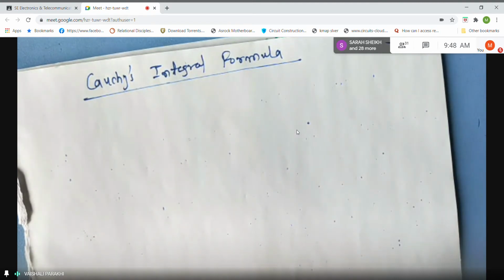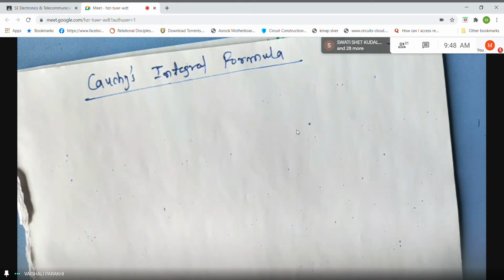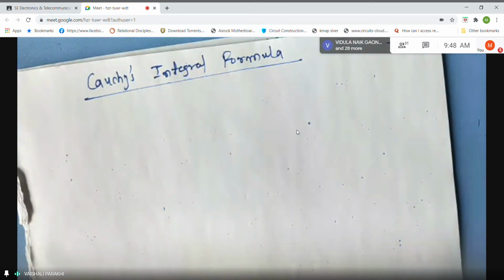What the theorem says: if the function is analytic in and on the given curve, the value of the integral vanishes, that is 0. In other words, practically while solving problems, you have to find the poles of the given function by equating the denominator to 0. And if all the poles are lying outside the given curve, then the value of the integral is 0. That is Cauchy's integral theorem.